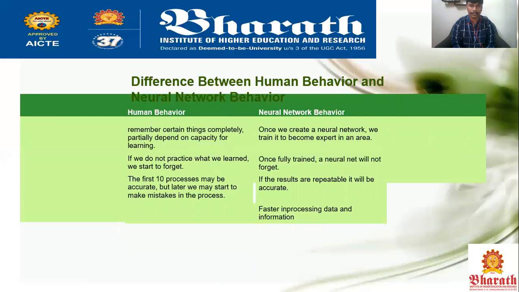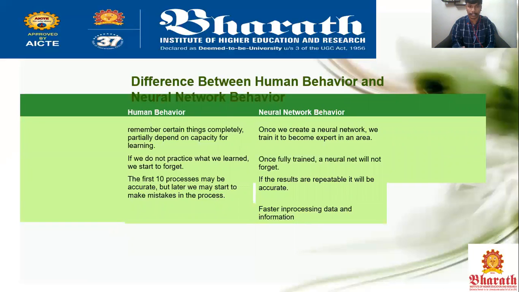Now we are going to see the exact difference between BNN as well as ANN. By seeing the difference between BNN and ANN, we will see the difference between human behavior and neural network behavior. Human behavior represents the biological neural network, and neural network behavior represents the artificial neural network.